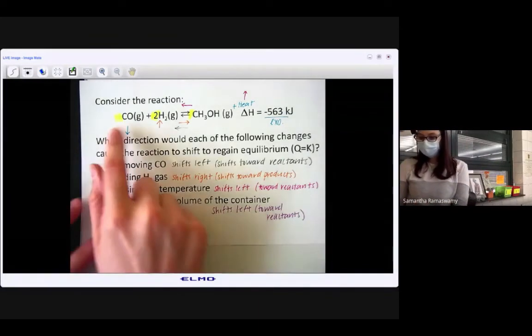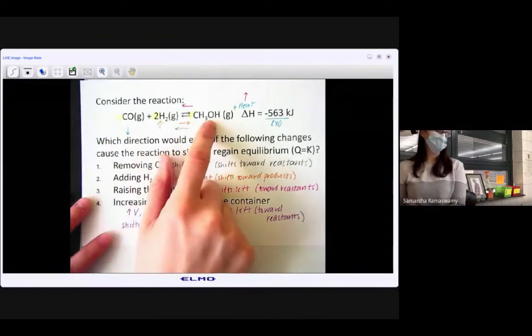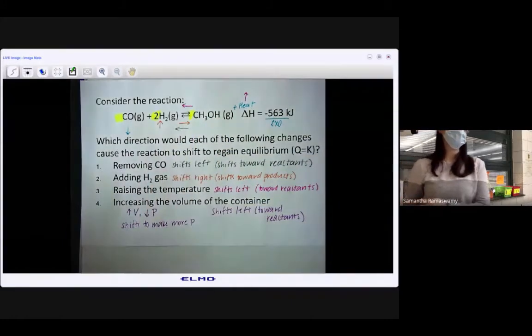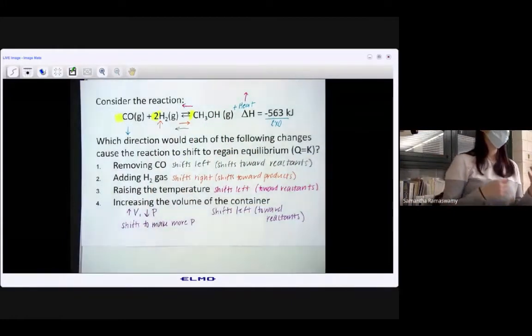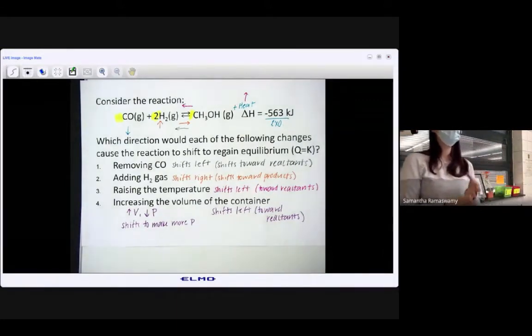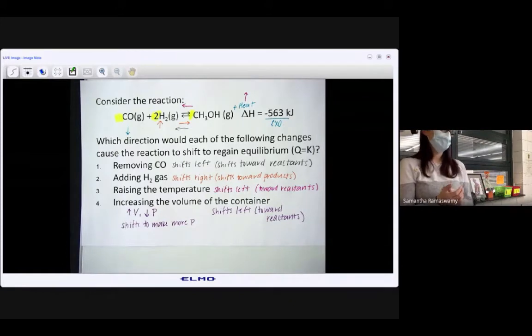And if you also notice, there's no neon in here as well. So adding a noble gas doesn't affect anything either. So yesterday, the no shift was adding a noble gas or adding a catalyst. Yeah. And then the other one, when we looked at K, there were a lot that were no effect.